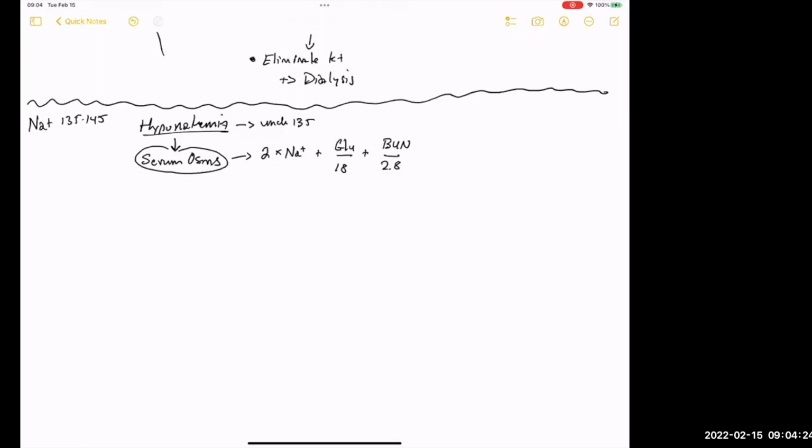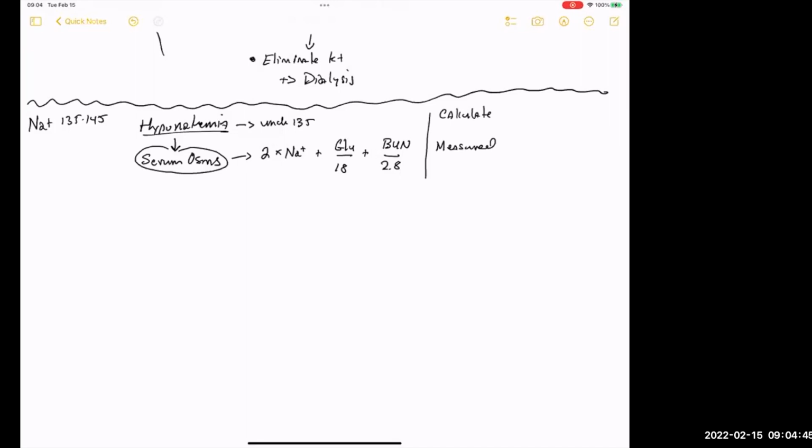All right. And so what you're going to do is calculate their osmolality, and then you're going to look at the measured osmolality. What does the lab actually measure, right?